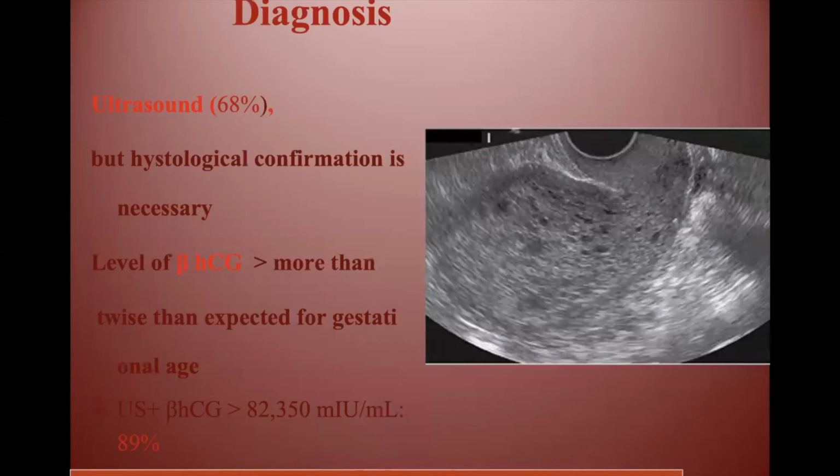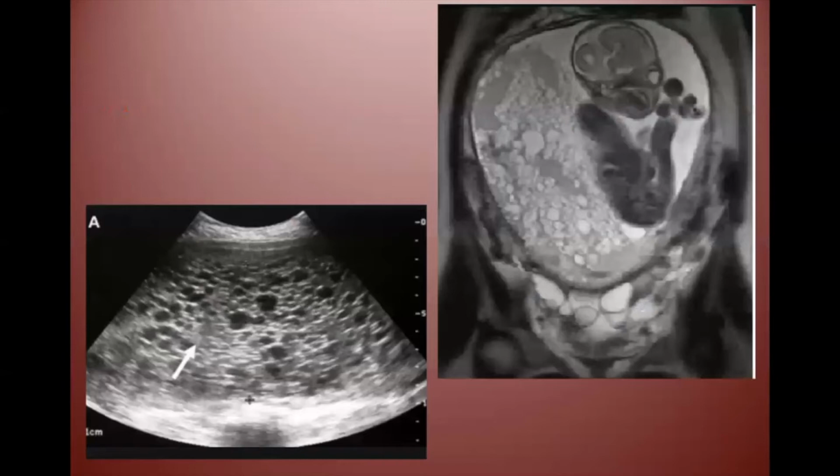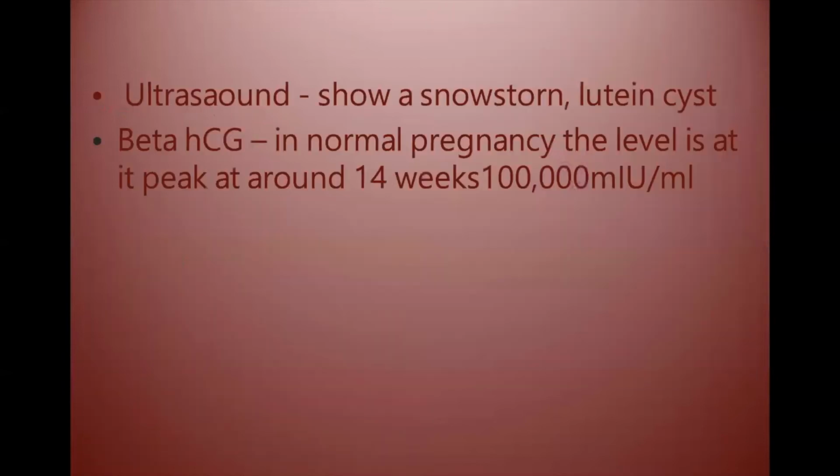And of course we will check the level of human chorionic gonadotropin, because we have a huge amount of chorionic villous stroma. Of course we will have a high level of hCG. Usually it's twice as high as it should be for that gestational age. So the main diagnosis of gestational trophoblastic disease is ultrasound examination and the level of beta hCG.